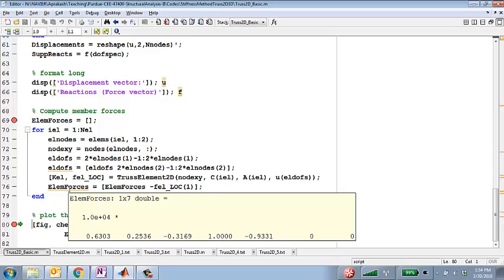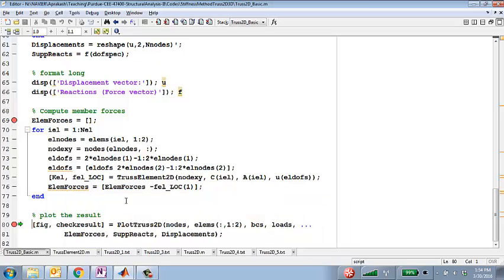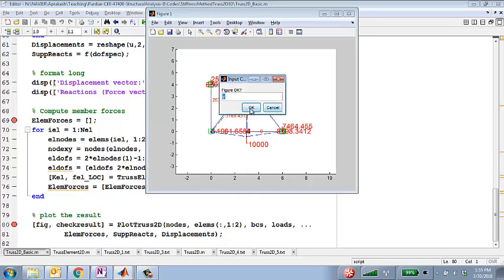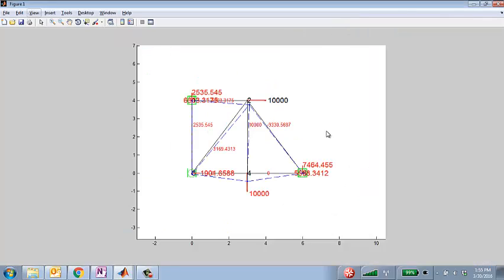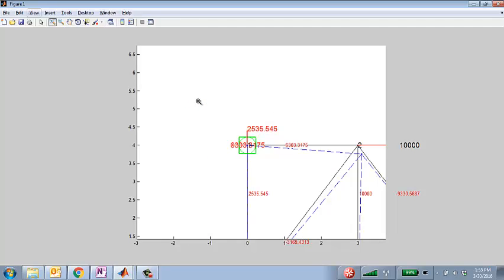Okay. And the rest of it is just plotting and checking. So I'll execute that, and Matlab plots the deformed shape of the truss. You can zoom into any location and see whether those reactions make sense.